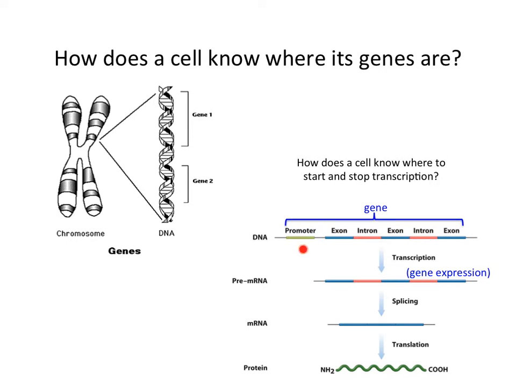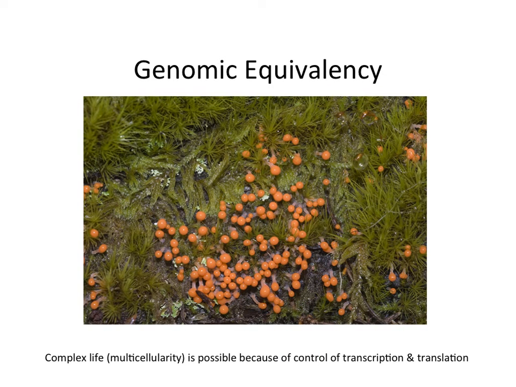So the promoter is not part of the transcript. The promoter is missing in the messenger RNA. But that's where the gene starts. The promoter sequence is not something that gets turned into protein. It's a functional part of the gene.